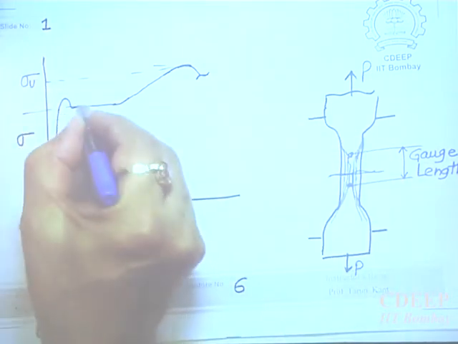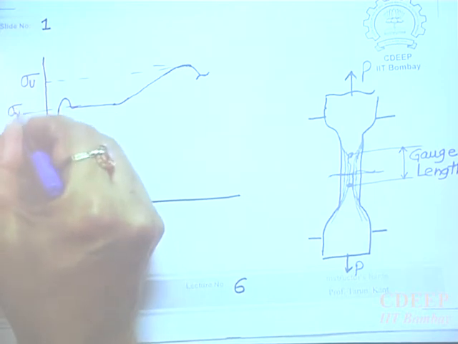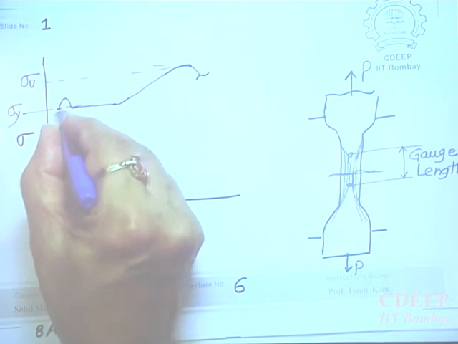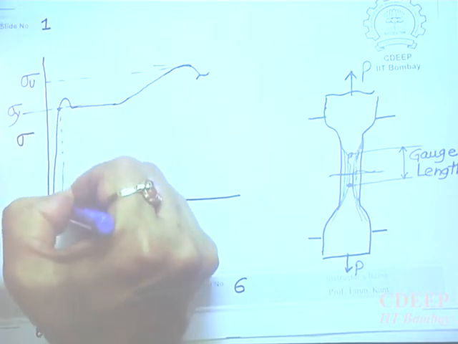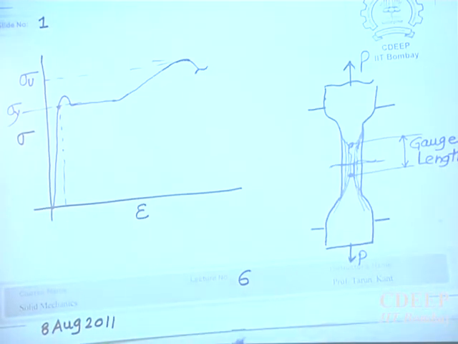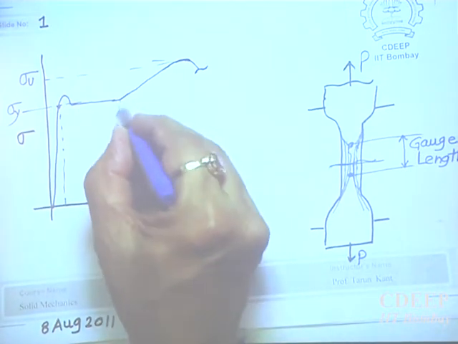This level is sigma y, yield, and the maximum strain here is about 1%. These are very small strains.